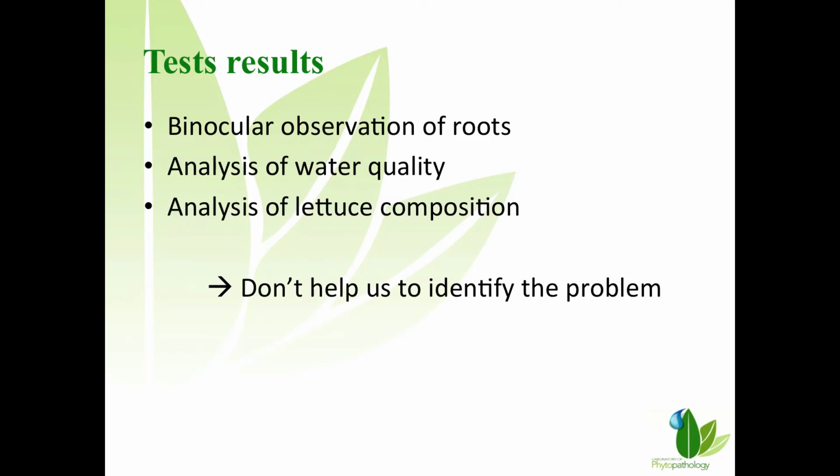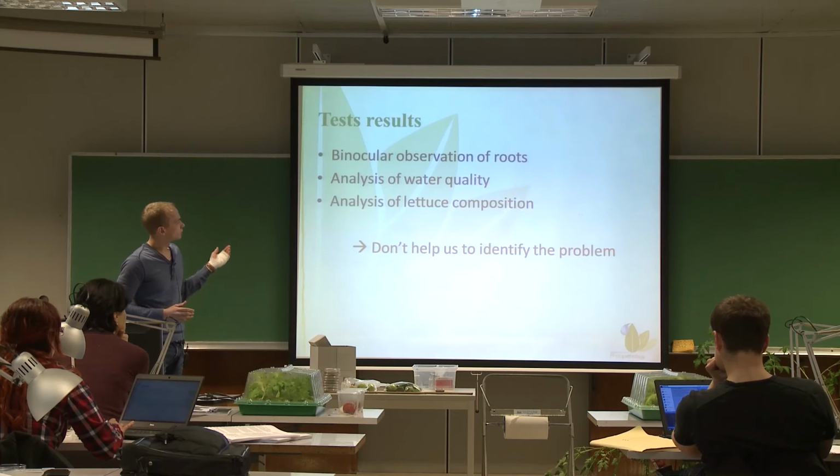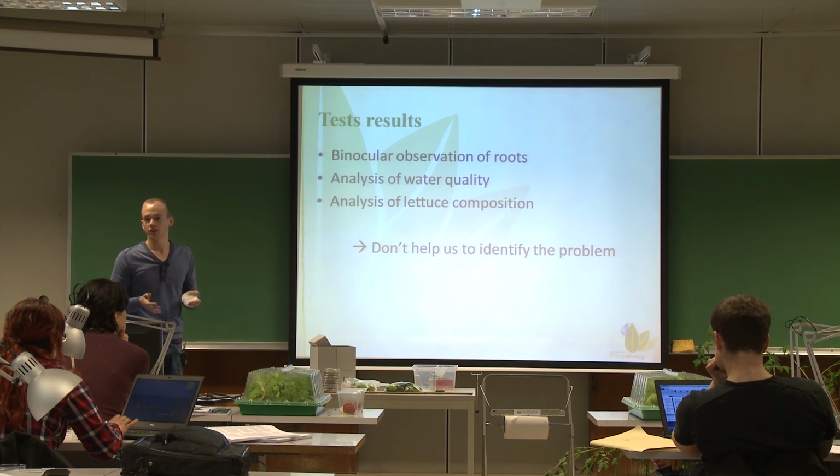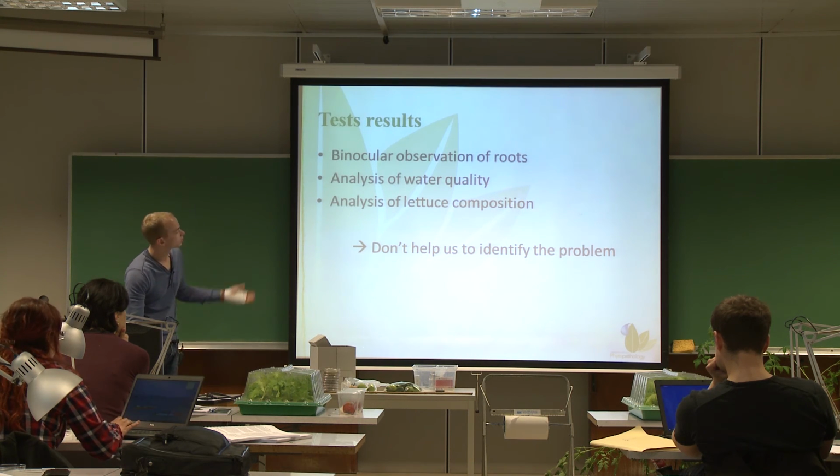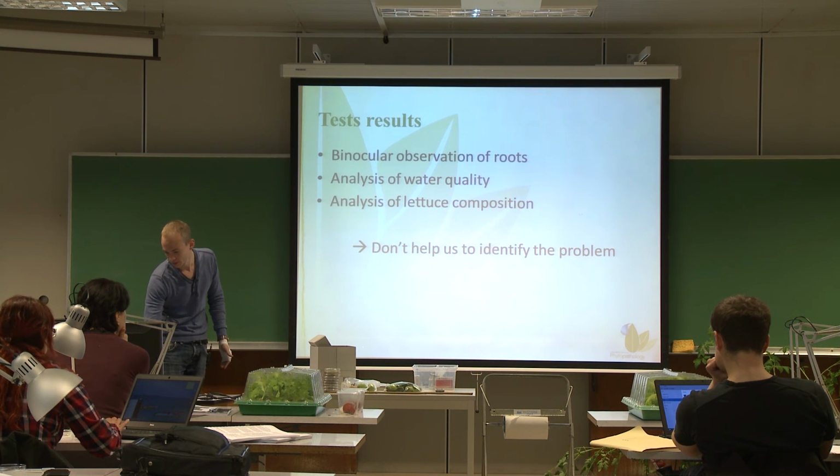First, for the binocular observation of roots, you don't really have fructification, so it's difficult to see by binocular. The magnification is not enough. We can say this in this case. Analysis of water quality or lettuce composition doesn't matter because the stress is biotic. So these analyses don't help us to identify the problem.